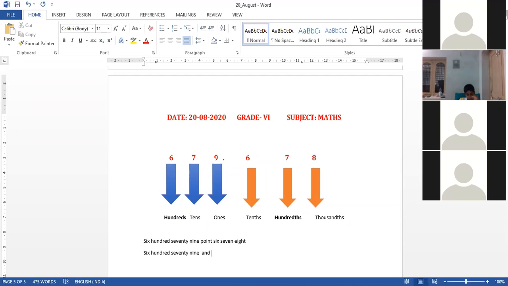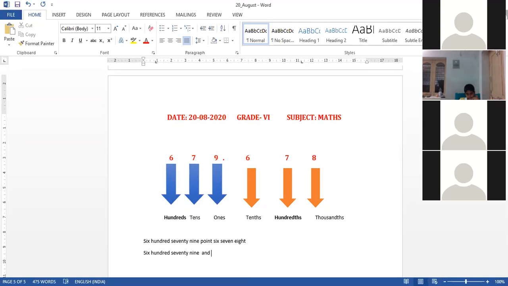679 and, after the decimal I want to read the number. After the decimal the places are tenths, hundredths, thousandths. 6 is in the tenths place, 7 is in the hundredths place, and 8 is in the thousandths place.